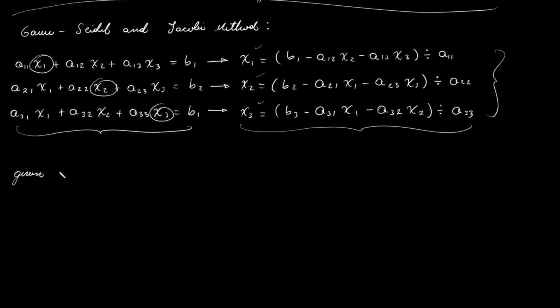But just like before, you will be given an initial guess vector. In this case, my system is a 3 by 3, so I have 3 unknowns. Therefore, I will have x1, x2, and x3, and this will be my initial guess. All of these are going to be actual values. They will not be variables.